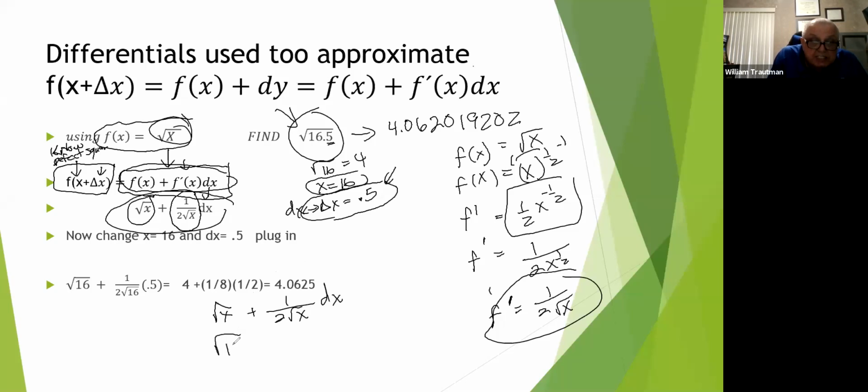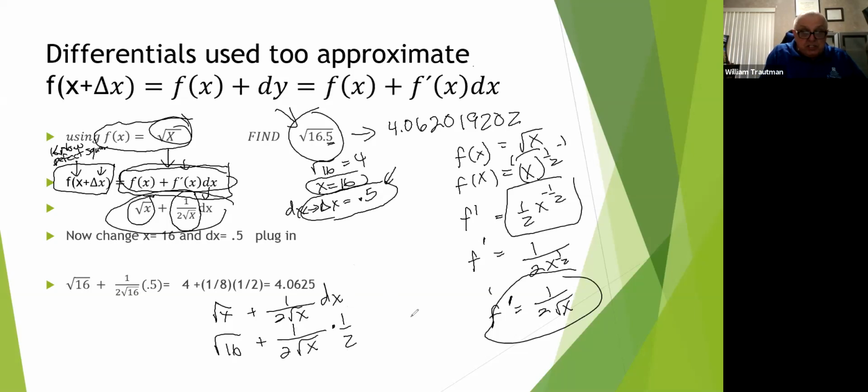Well, x is 16. By the way, you don't need a calculator for this because Newton didn't need one. He knew how to do fractions. And dx is 0.5, or we could say dx is 1/2 because Newton liked fractions, I'm assuming. So let's do the math here.